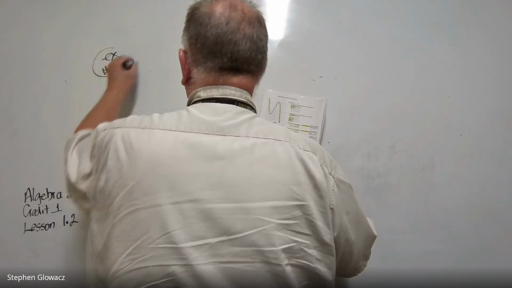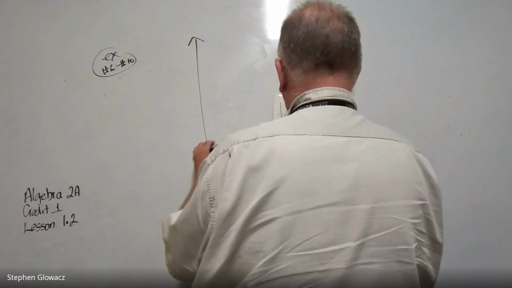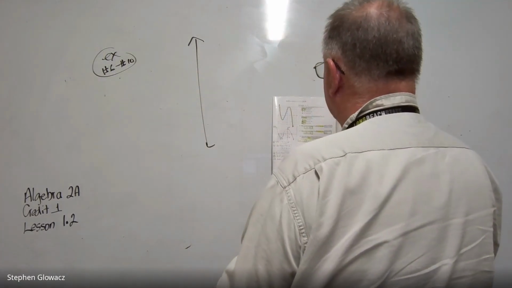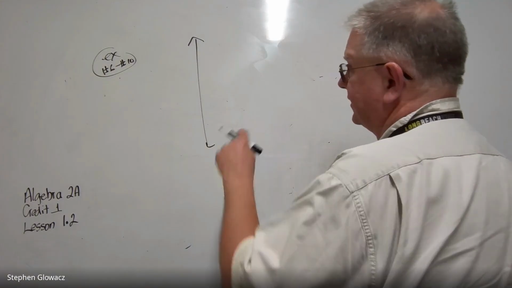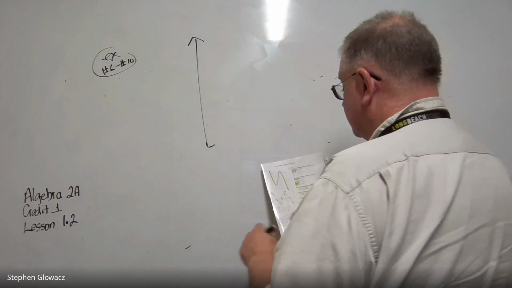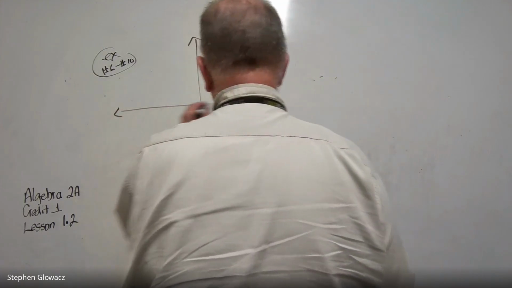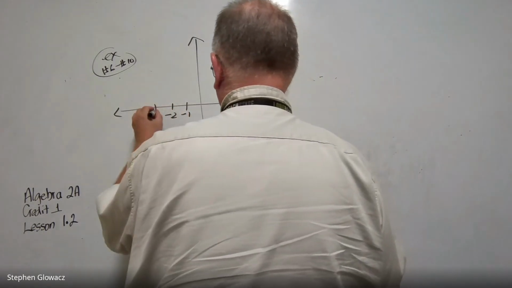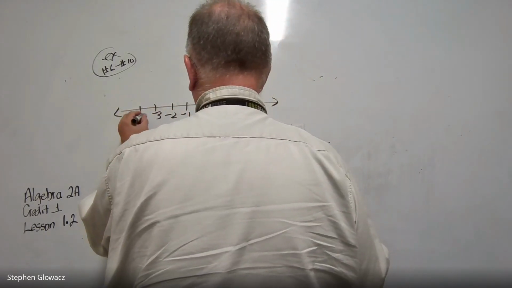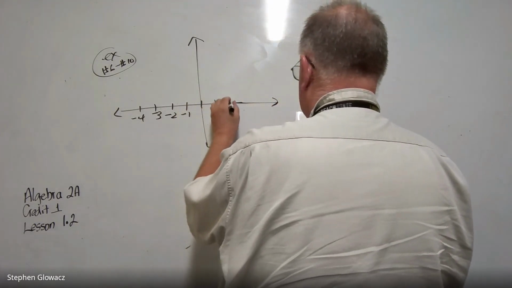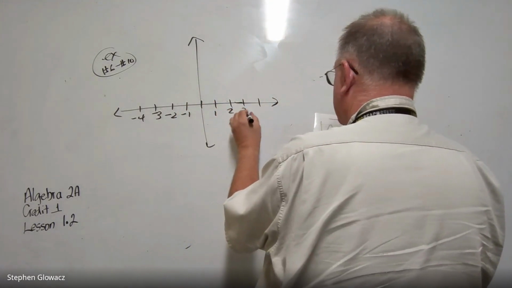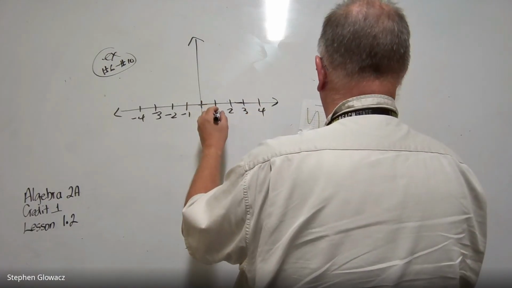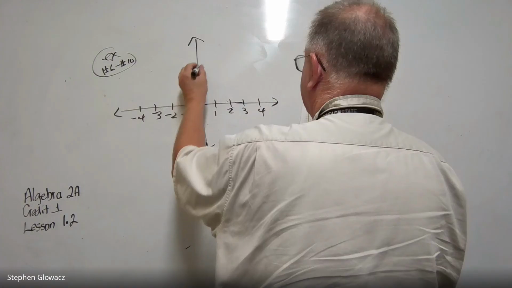And again, it'll be pretty similar, although the graph is going to look a little bit different than we saw in the last example. So let's see how we're scaling this here. It looks like we're going by ones, and they're marking everything. So -1, -2, -3, -4, 1, 2, 3, 4. And let's see how far we have to go up here. 1, 2, 3, 4, 5.